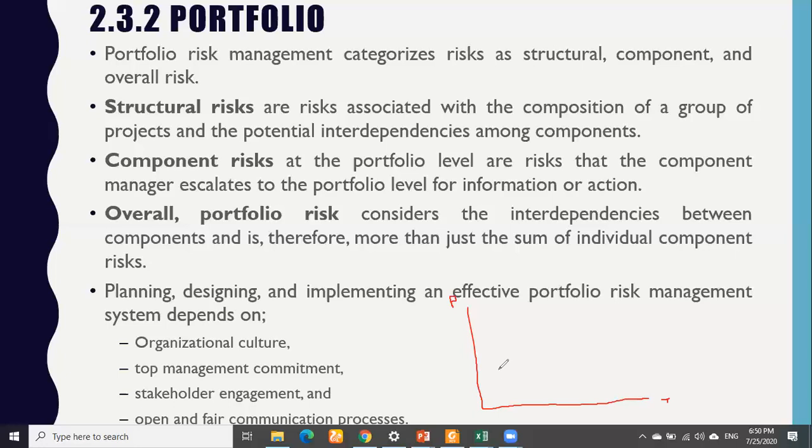And let's suppose there is one project A, and we think that whenever the project A performance increases, at the same time there will be a kind of decrease that will be seen in project B, etc.